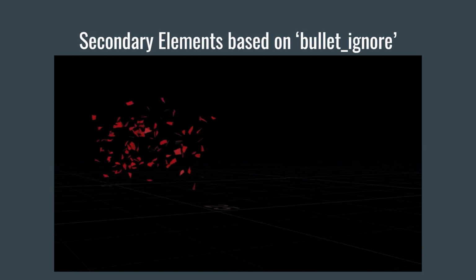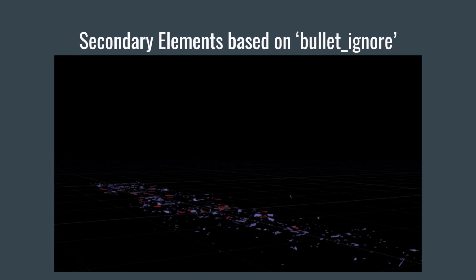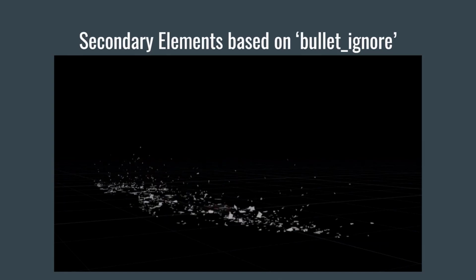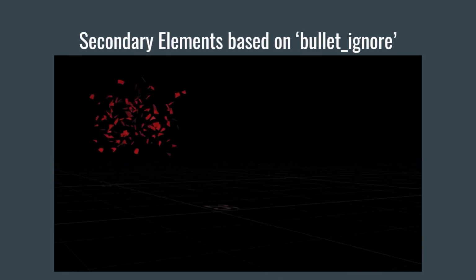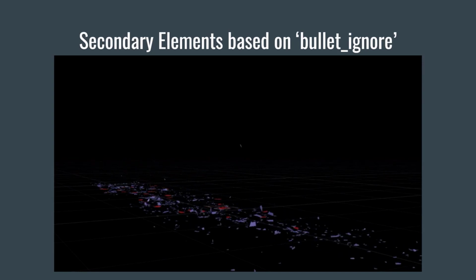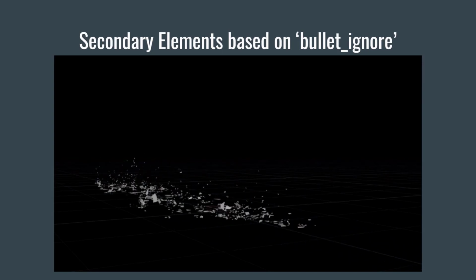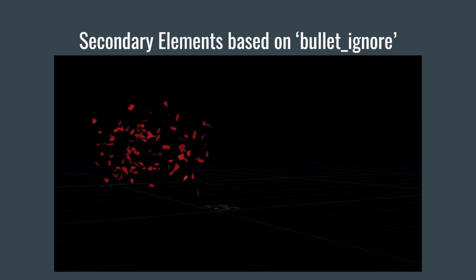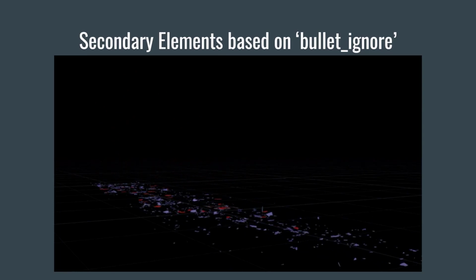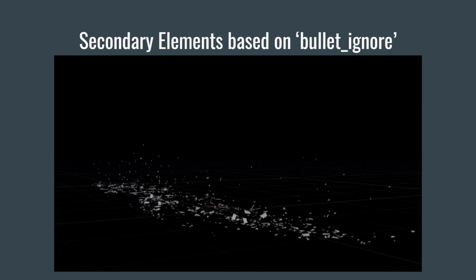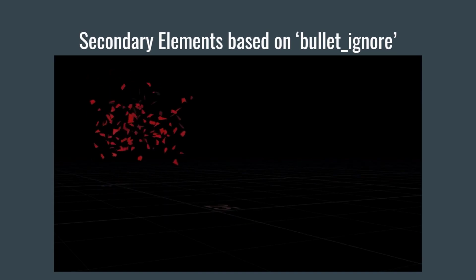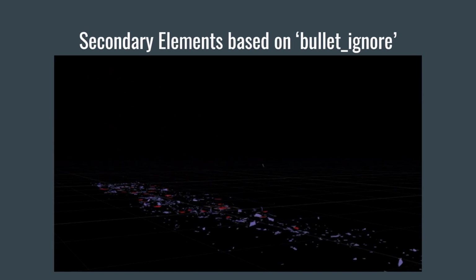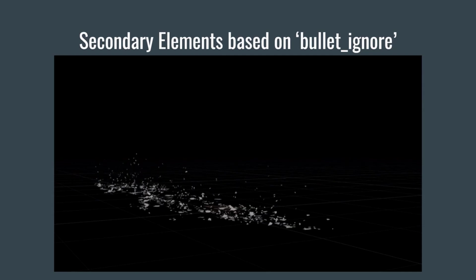So continuing on with some of these interesting part 2 setups is a glass reshatter effect using bullet ignore. Now you could accomplish an effect like this by fracturing the glass shards and constraining them together and letting them break apart on impact.